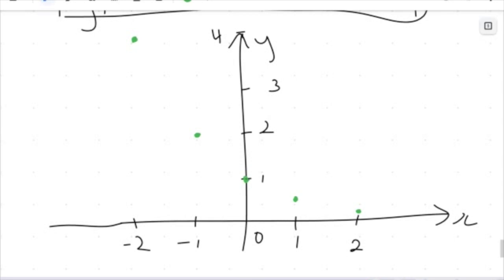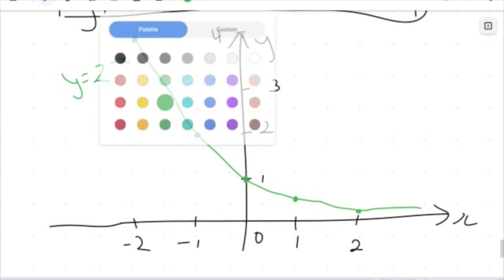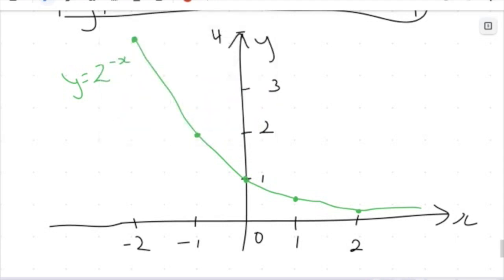So connecting this up gives me something that looks like this. y equals 2 to the power of -x. Now, let's compare that to y equals 2 to the power of x.